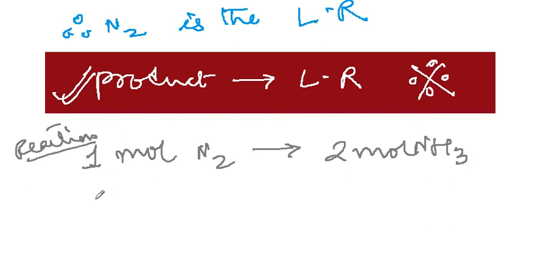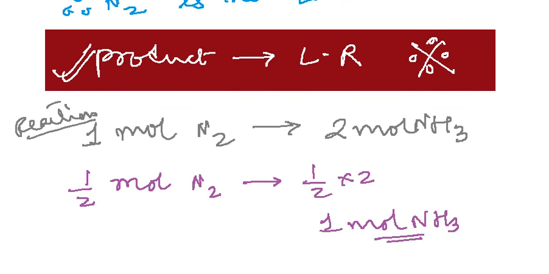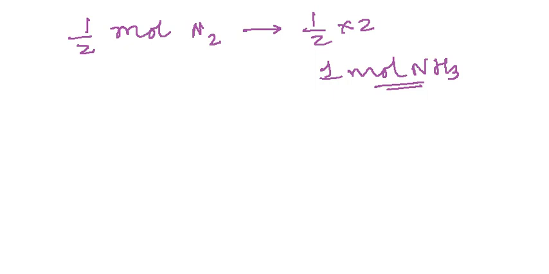Now, as per the given condition of the problem, the amount of nitrogen that we have is half mole of nitrogen. So half mole of nitrogen would give half into 2, that is 1 mole of ammonia that could be formed as a product. Okay, in case they want us to find the number of molecules of ammonia, then instead of 1 mole we can write the Avogadro number of molecules.